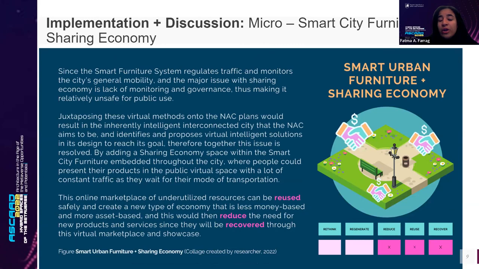The major issue with sharing economy is the lack of monitoring and governance, thus making it relatively unsafe for public use. But if we juxtapose these virtual methods onto the NEC plans, it would result in an inherently intelligent, interconnected city that identifies and proposes virtual intelligence solutions in its design to reach its goal.